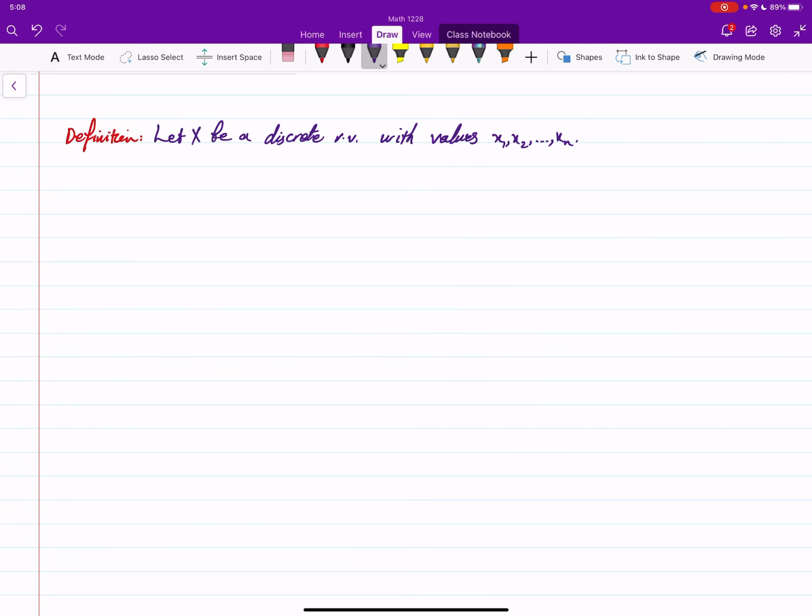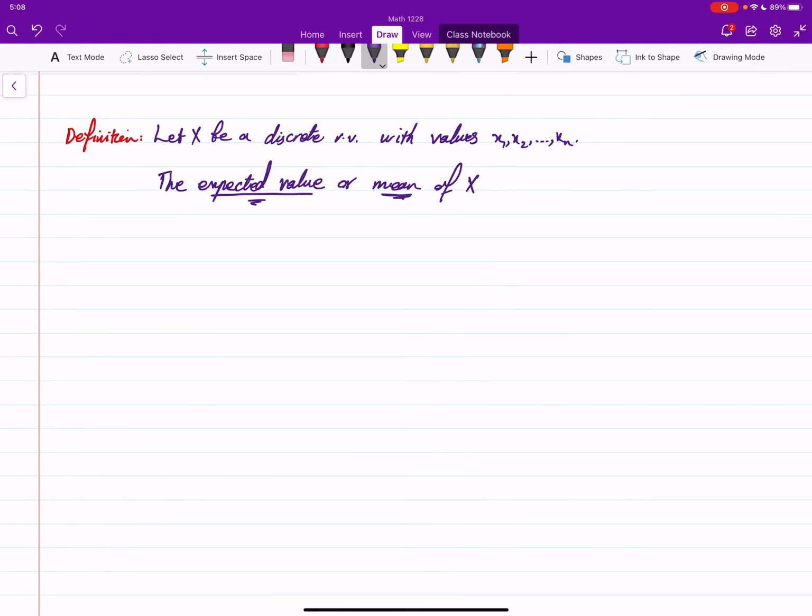Then we define the number, the expected value or mean of X. These are the same things, different names, okay?